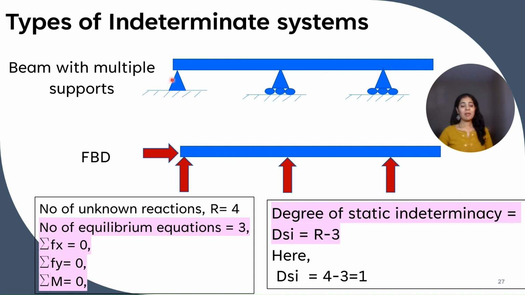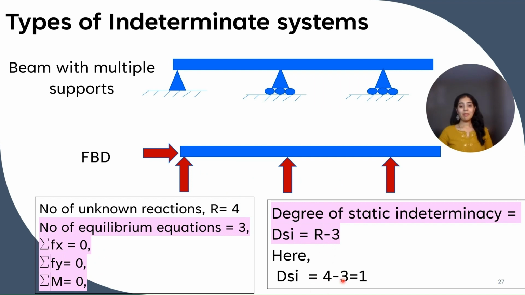So this is a beam with multiple supports. The FBD of the beam will be like this. The pin support will offer two reaction components. Roller support will offer one reaction component. So the number of unknown reactions is 4 and equilibrium equations are 3.